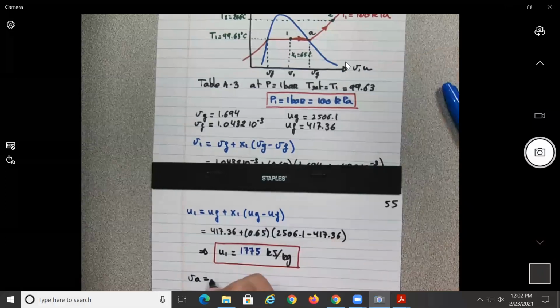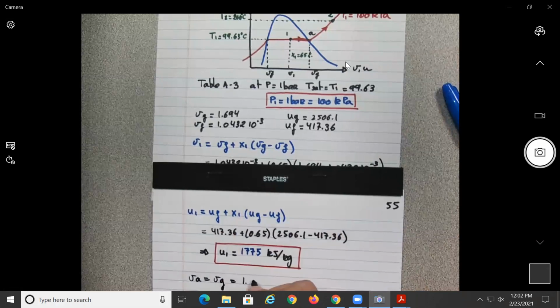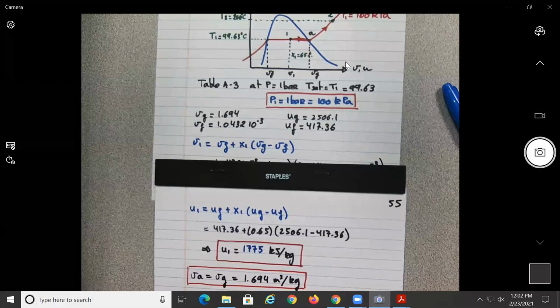We have V sub G, and we had it here, is 1.694. Okay, and similarly, we can say U sub A will be equal to U sub G, which is 2,506.1.